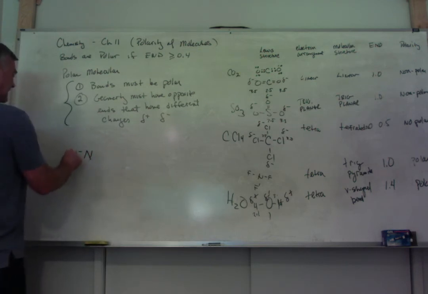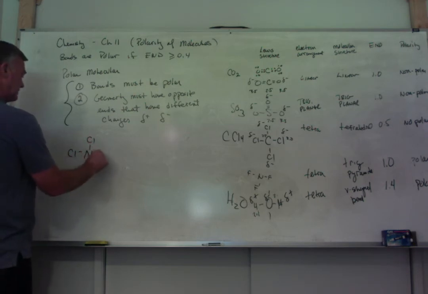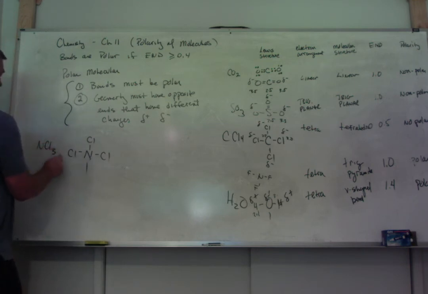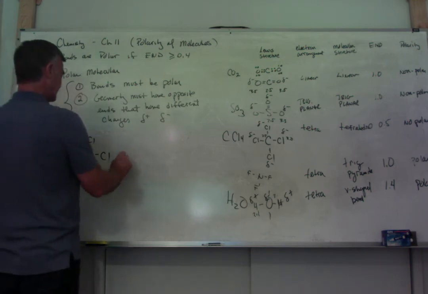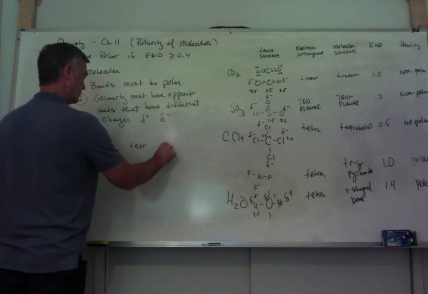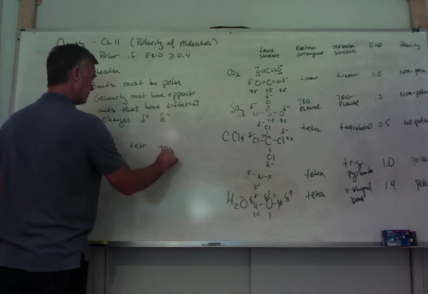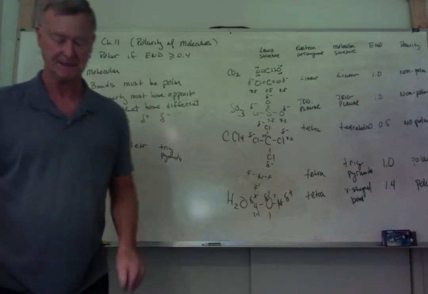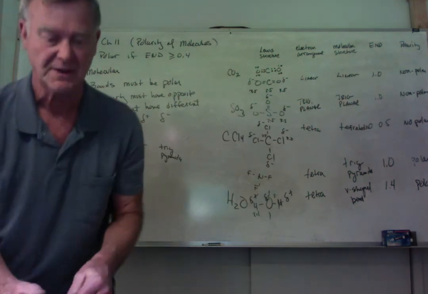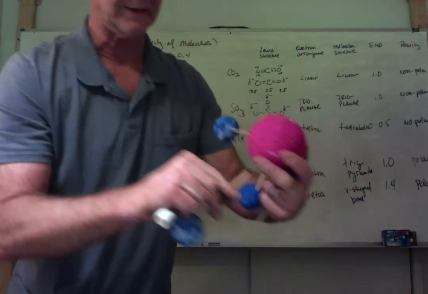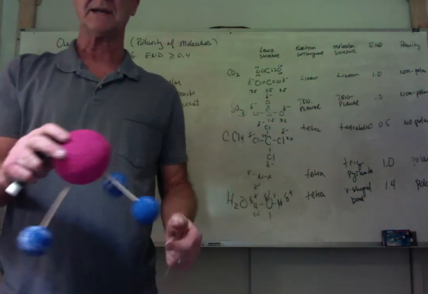I did NCl3, which would look like that. So this is nitrogen trichloride. This would be trigonal pyramidal. This trigonal pyramidal, when you draw it, it's that one that has the 3 ends to it. So it's the one that's a tripod that looks like this, and we'd look at that and we'd say, oh, it's got a polar geometry.